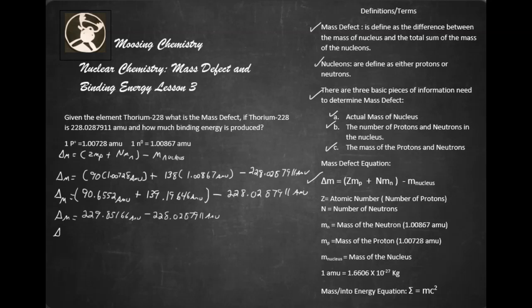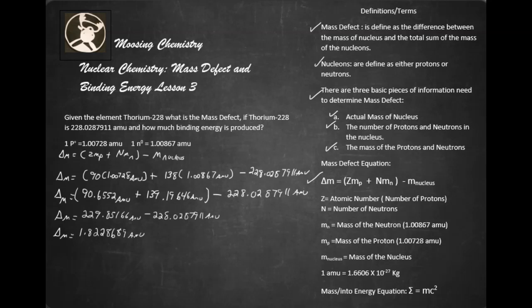So the mass defect comes out to be 1.82228689 AMU. Alright, there's our mass defect. So we found our mass defect.